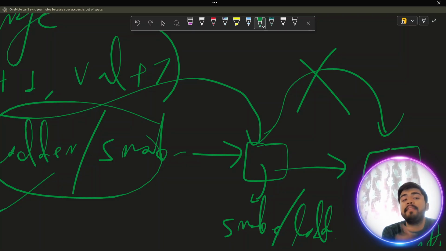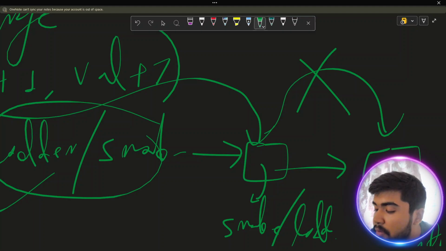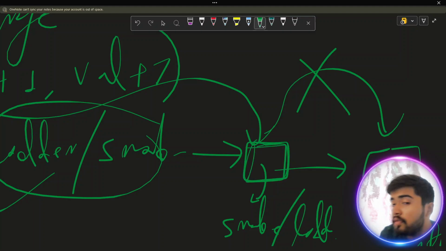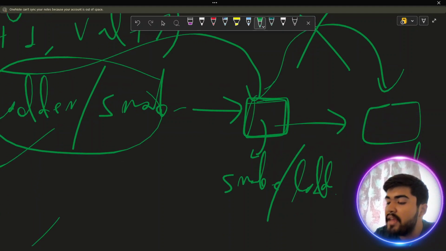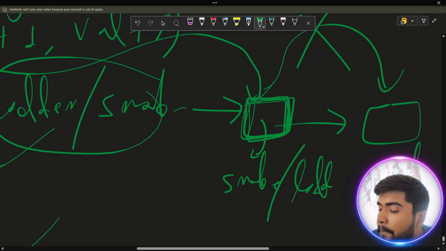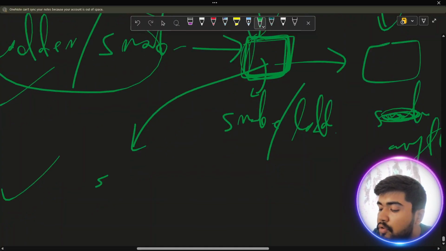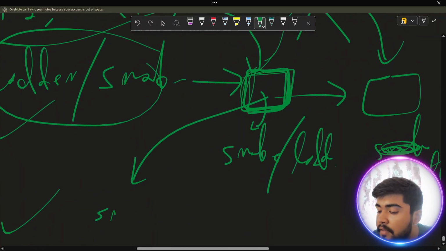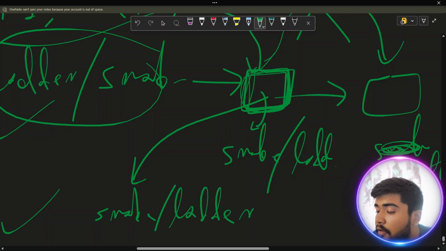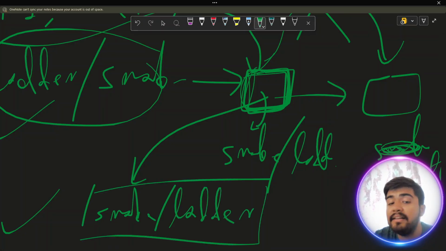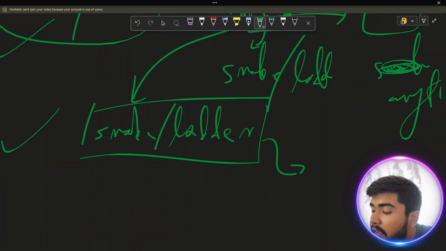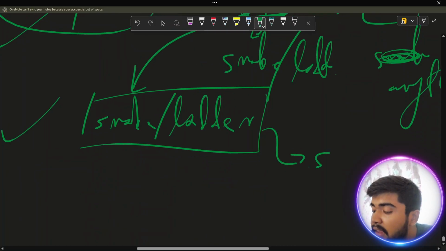But on subsequent ones, let's suppose we reach this particular cell. When we are landing at a particular cell, we have two options. If that particular cell is also holding a snake or ladder, then we definitely need to know if the previous jump we made was made using a snake or ladder.